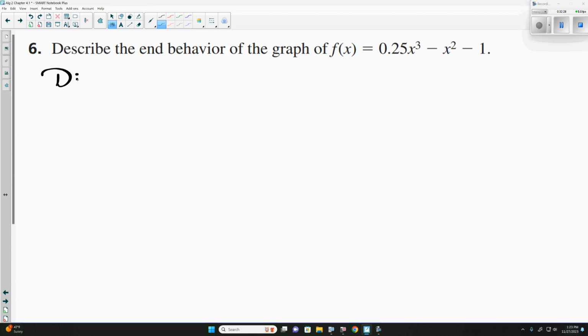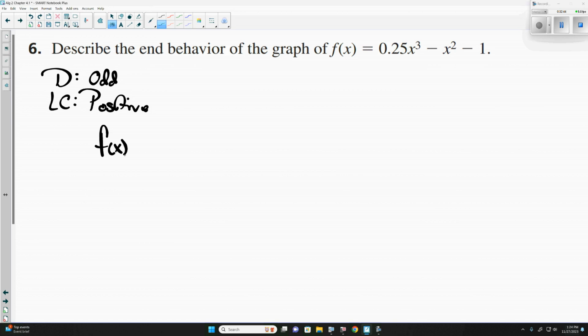The degree is 3, which would be odd. Leading coefficient 0.25, which is positive.